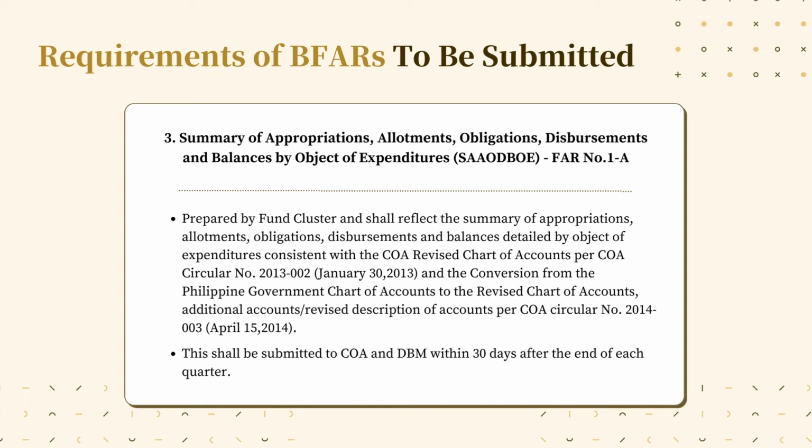It is prepared by fund cluster and shall reflect the summary of appropriations, allotments, obligations, disbursements, and balances detailed by object of expenditures consistent with the COA revised chart of accounts per COA Circular Number 2013-002 dated January 30, 2013, and conversion from the Philippine Government Chart of Accounts to the revised chart of accounts, additional accounts, or revised description of accounts per COA Circular Number 2014-003 dated April 15, 2014.